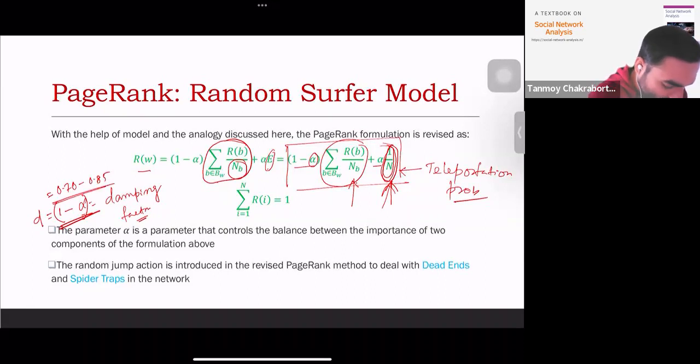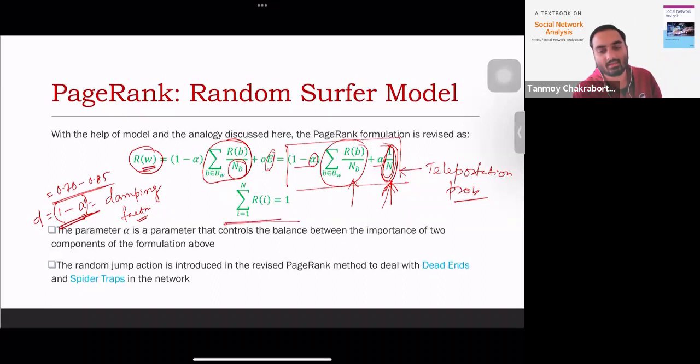Now, what we also do at every stage, when you compute the PageRank of a particular page, is make sure that the sum of the PageRank values of all the nodes is 1. You see here, this is a recursive formula, right? RW is dependent on RB.